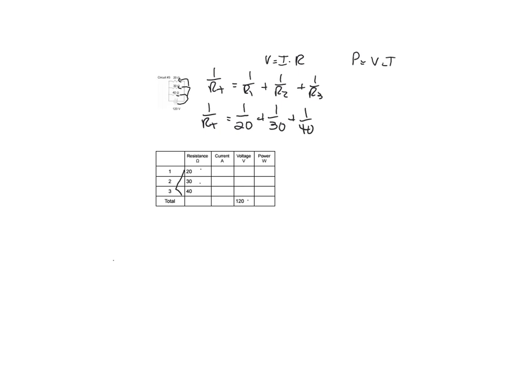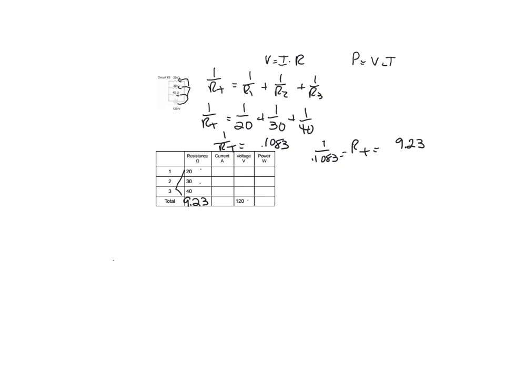When we look at our calculator, you're going to end up at this space, 1 over RT equal the number 0.1083. You're going to take 1 over that number, 1 over 0.1083. So you're doing a lot of inverse functions here to come up with the final answer. I'm going to report my answer to 3 sig figs. This is the total resistance, also known as the equivalent resistance of this circuit.